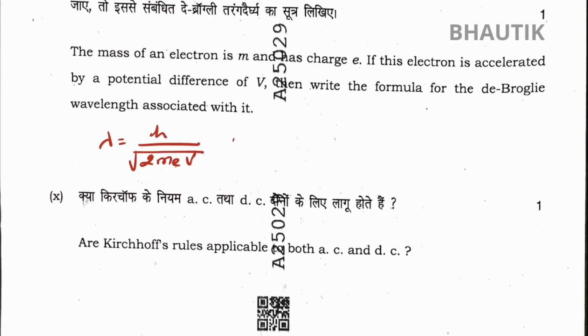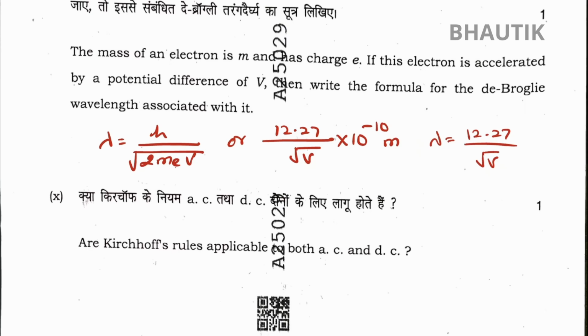Or we can write 12.27 divided by under root V, because all these are constants: h, 2, m, e. If we calculate the values of all these constants, it comes out to be 12.27 by under root V into 10 raised to the power minus 10 meter. In this way we can write that lambda is equal to 12.27 divided by under root V angstrom.